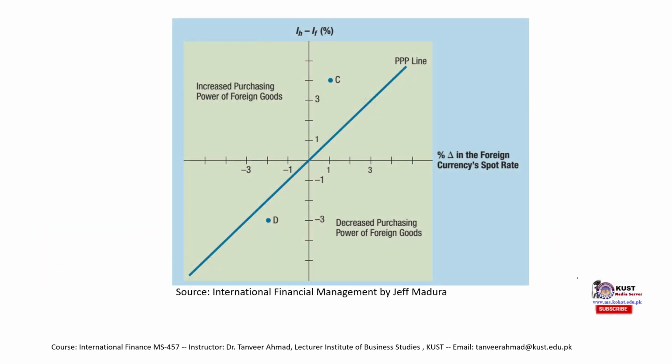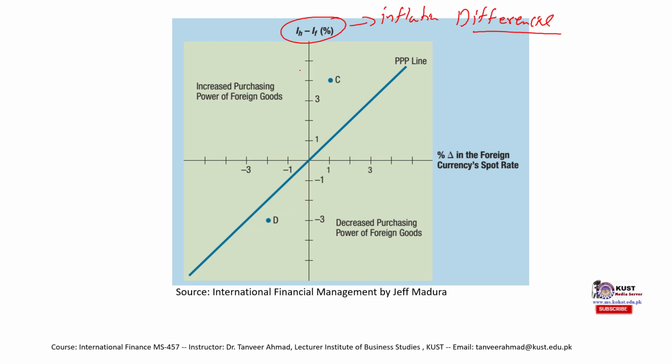Okay, so what purchasing power parity suggests is that this is the purchasing power parity line, this blue line, and it says that if this is the inflation differential, the difference between inflation of home and the foreign country.